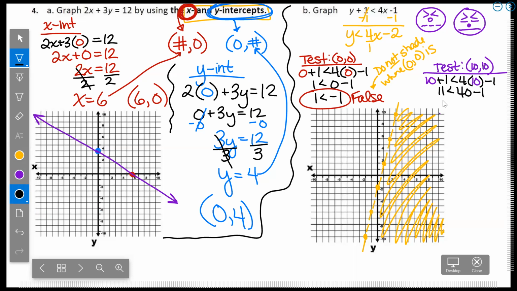Minus 1. What's 40 minus 1? 39. Is 11 less than 39? Yes, that is true. Shade where 10, 10 is. So you can pick anywhere as your test point. It doesn't have to be 0, 0. I just like 0, 0 because I make fewer mistakes when I use 0, 0.